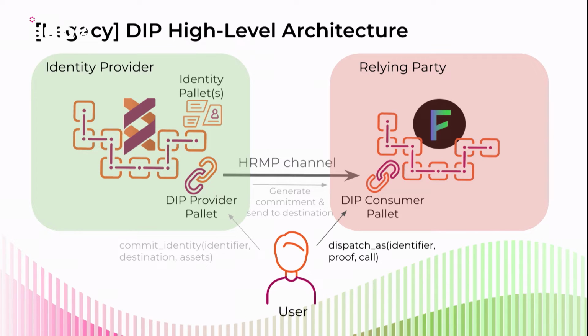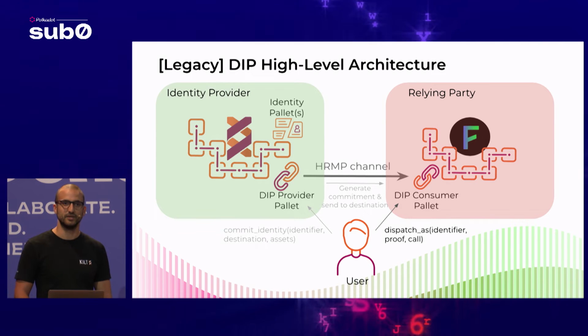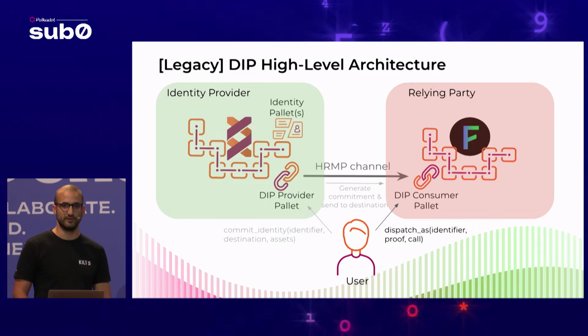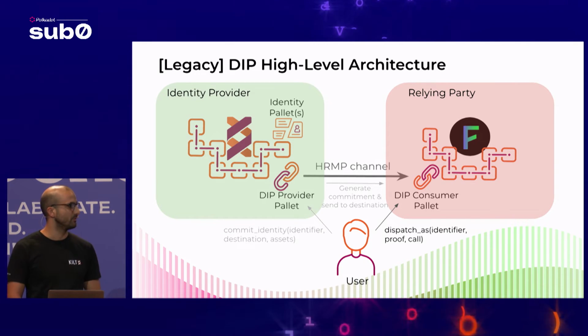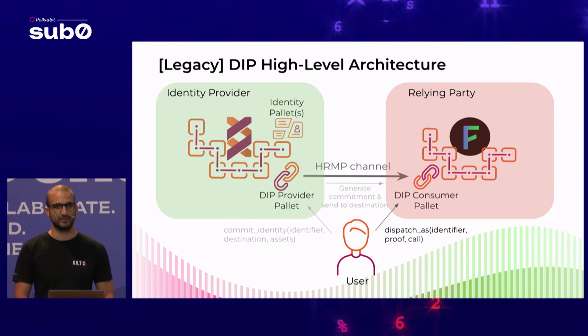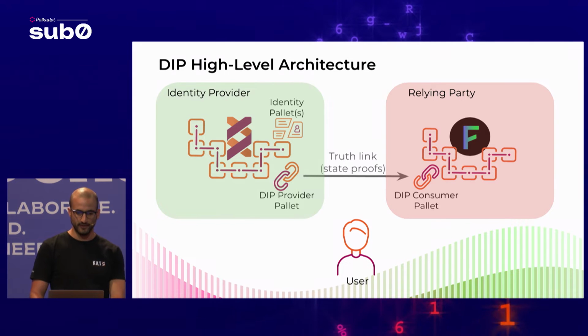The format of this proof depends on how the identity provider envisions such proof to be built, so it can be different for each of the identity providers. And once this pallet verifies that the proof is correctly generated, it dispatches the call that the user wants it to dispatch initially. This is the dispatch-as extrinsic, where you give the identity that you're trying to use, the proof, and then the actual runtime call that you want to dispatch.